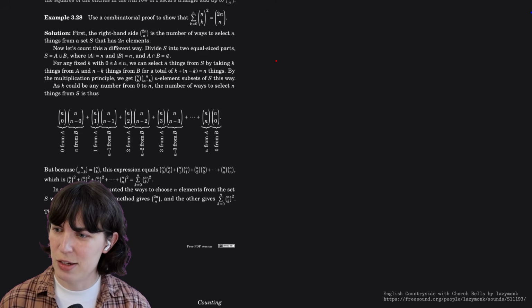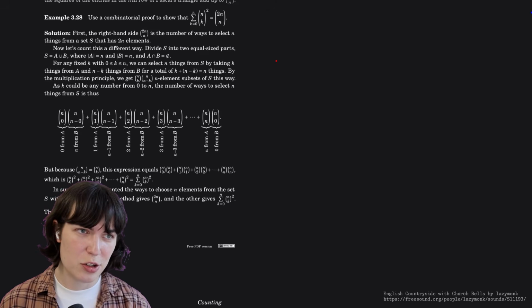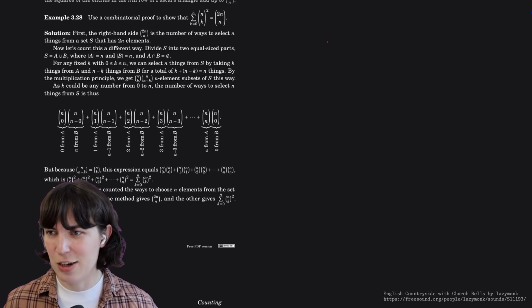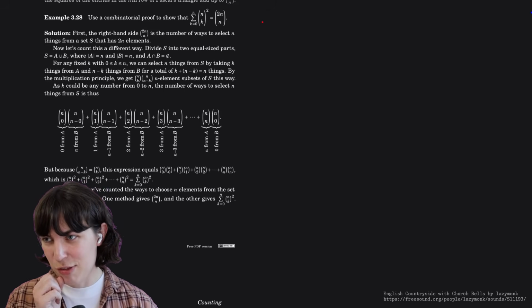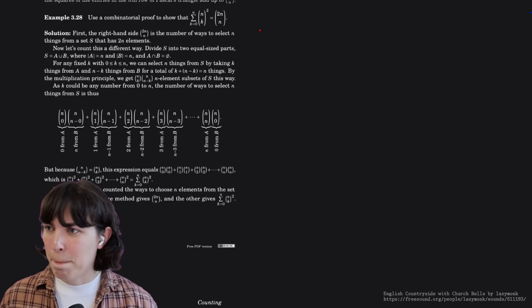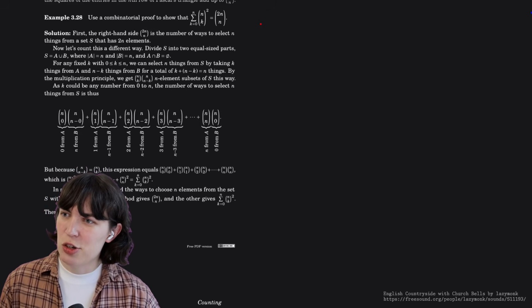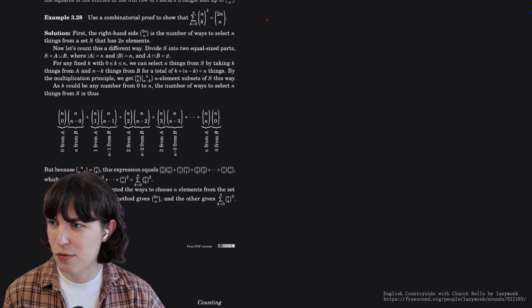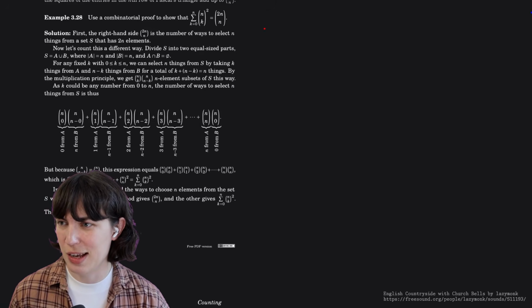First, the right-hand side, 2n choose n, is the number of ways to select n things from a set S that has 2n elements. All right, let me try and actually understand what any of this is about. The right-hand side, 2n choose n, is the number of ways to select n things from a set that has 2n elements.